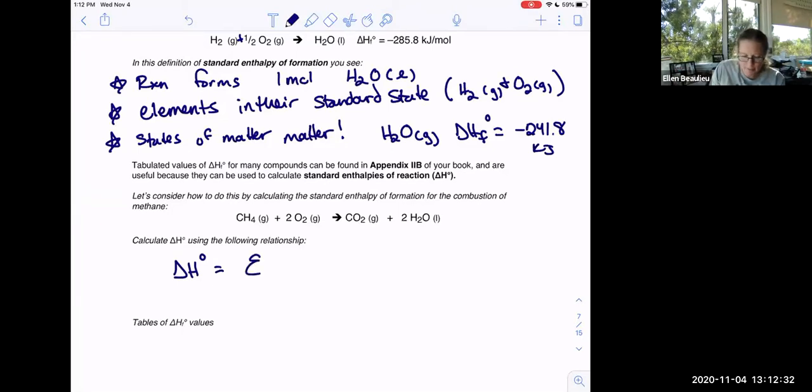So this is my big epsilon sum of the moles of product times the delta HFs of products minus the sum of reactants times the delta HF of reactants.